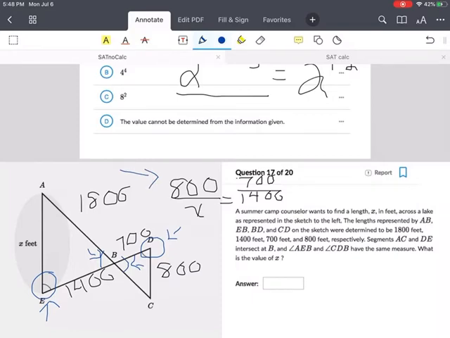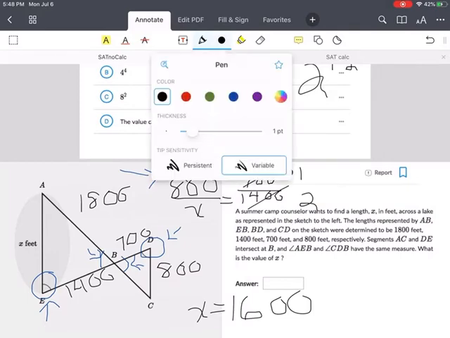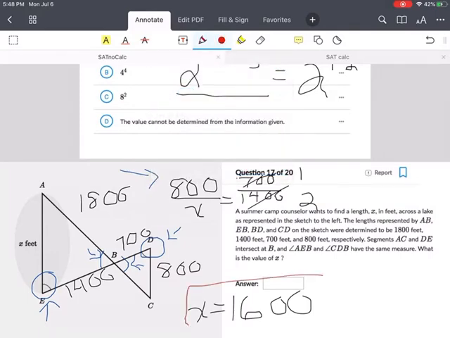So if we solve this proportion, we can simplify this by saying 700 equals 1, 1400 equals 2, and if we solve this now, we get that x equals 1600. So that's our final answer right there, x equals 1600.